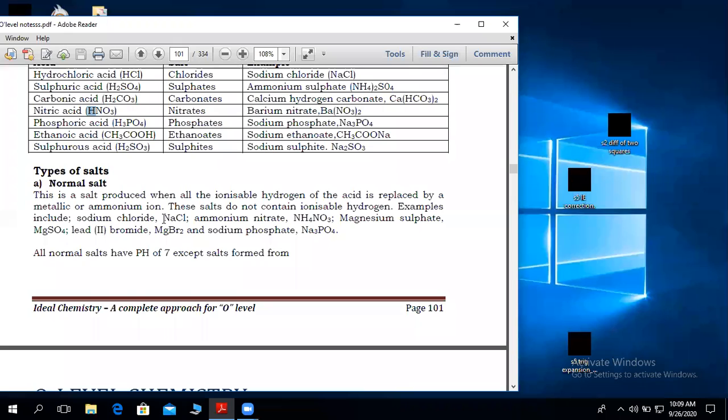For example, sodium chloride means sodium replaced hydrogen of hydrochloric acid. Ammonium nitrate means ammonium ion replaced hydrogen of nitric acid. Magnesium sulfate means magnesium replaced hydrogen of sulfuric acid.